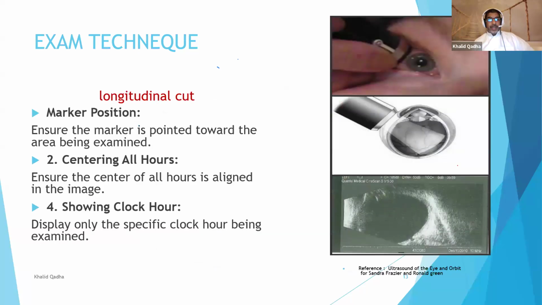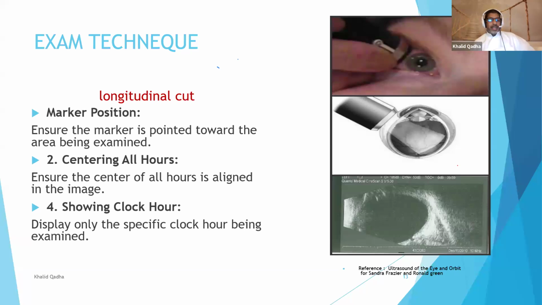For the longitudinal cut, it's also a little bit different from the transverse. We will not slide the probe or move it. We will try to get one cut, starting from the posterior, which is the optic nerve, up to the anterior part.